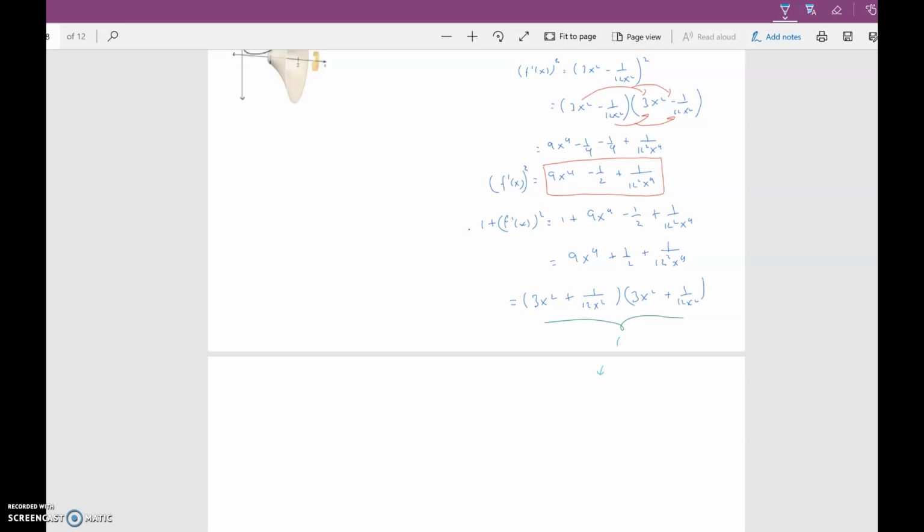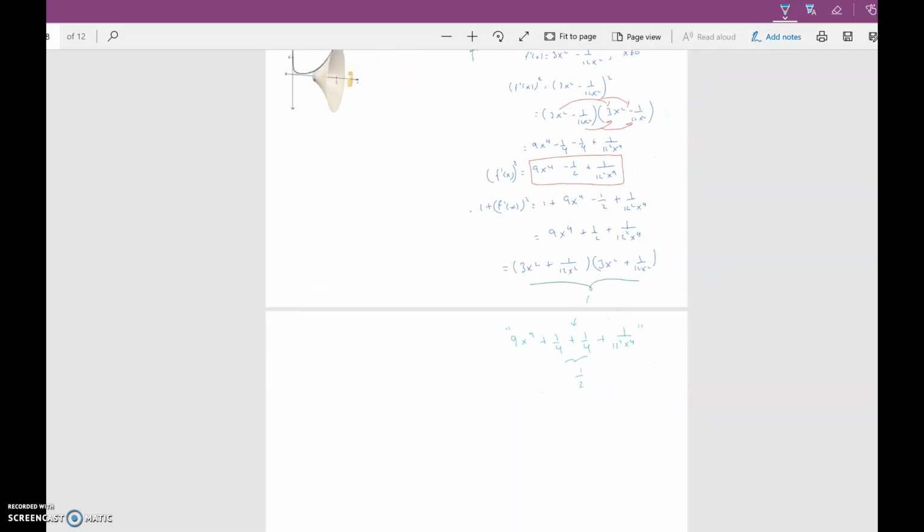Multiplying these out, you get a 9x to the fourth. Once again, the 3 cancels and the x squared cancels. So plus a fourth and plus another fourth, and plus 1 over 12 squared x to the fourth. It actually works out, since this happens to be a half.